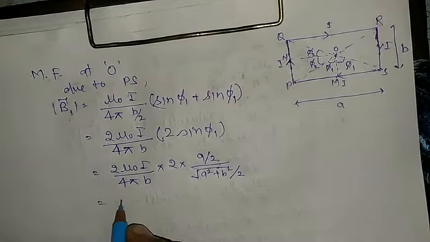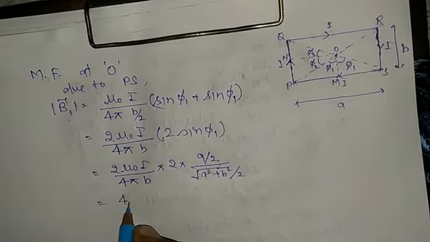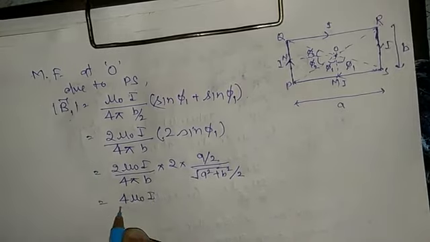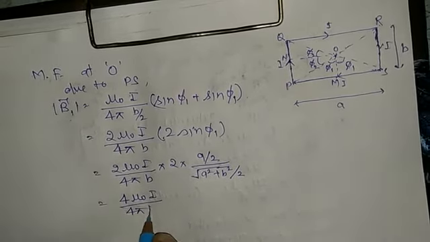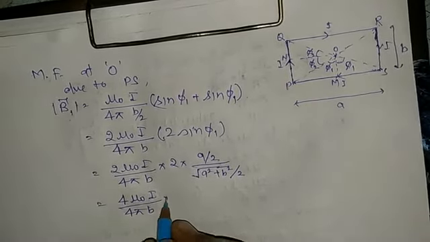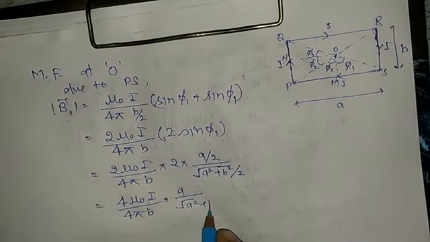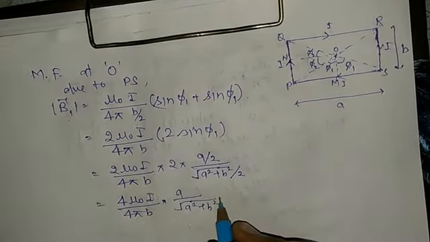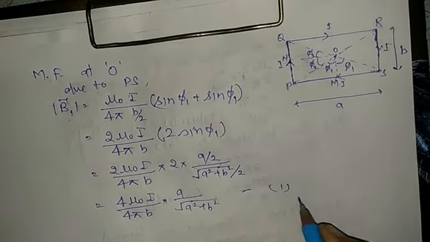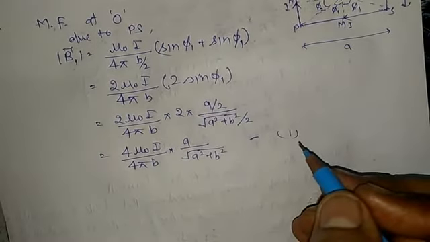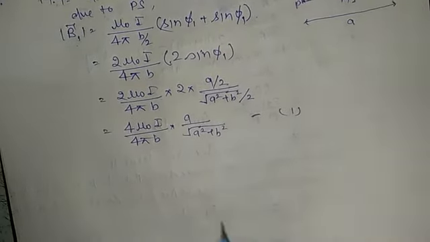So it will give 4 mu naught I upon 4 pi b into a upon root a square plus b square. Mark this as first.